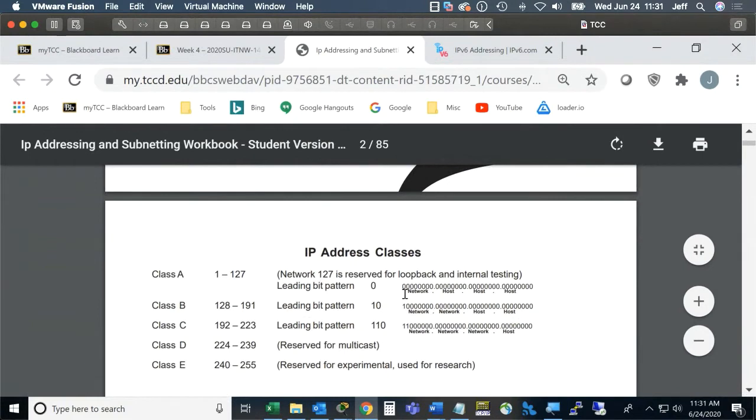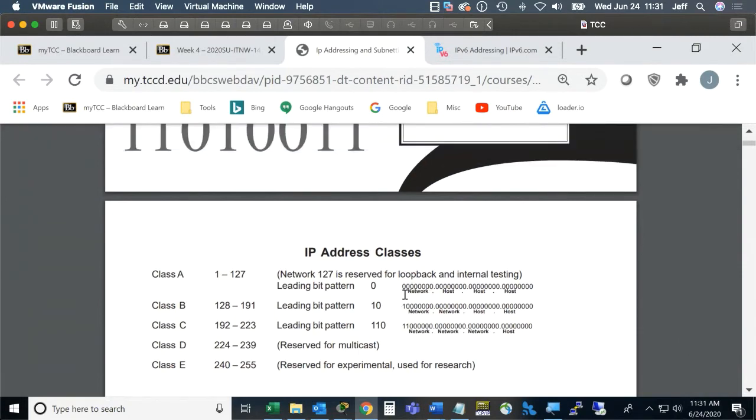So in this example here, the class A, we had 255 as the number, and I wish they would have done this, but all these should be ones for a class A. These 16 should be all ones because they're already taken for the network ID. But that leaves all these that say host, right?